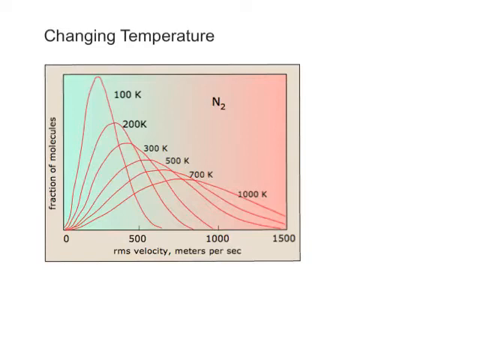So there's two things that I want you to notice. The easy one is the peak value. So at higher temperatures, you notice that the most probable speed changes. So at high T, higher most probable speed.